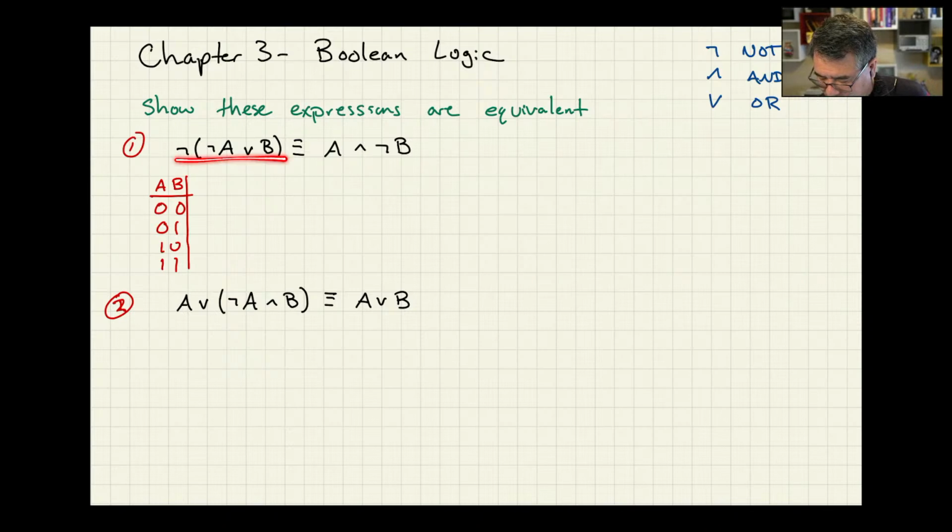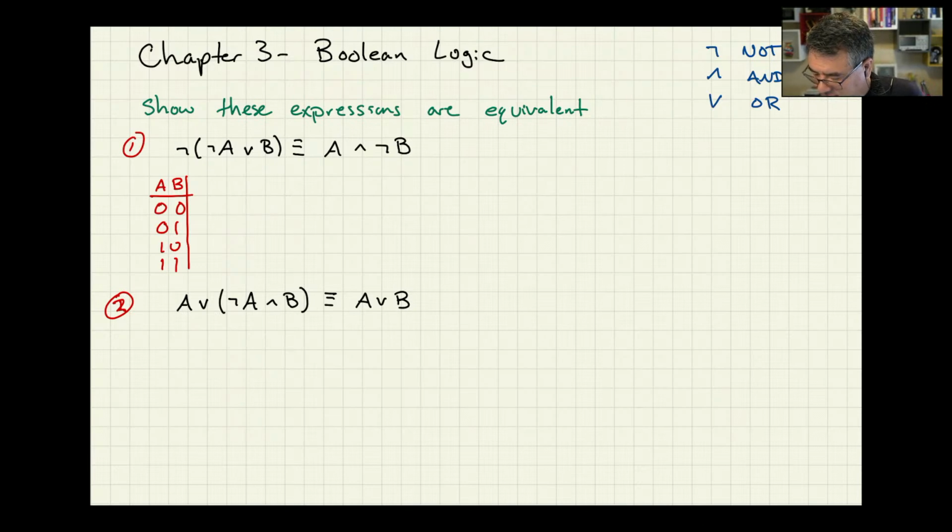So out of all of these here, out of this not and, which of these do we do first? Well, we do the not A first. There's actually an order of operations with these Boolean expressions, just as there are with regular algebra.